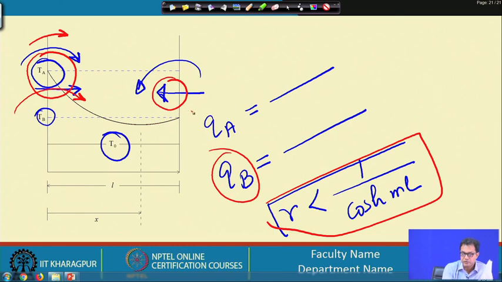Instead of heat going from the wall to the fin, the fluid is giving heat to the wall.